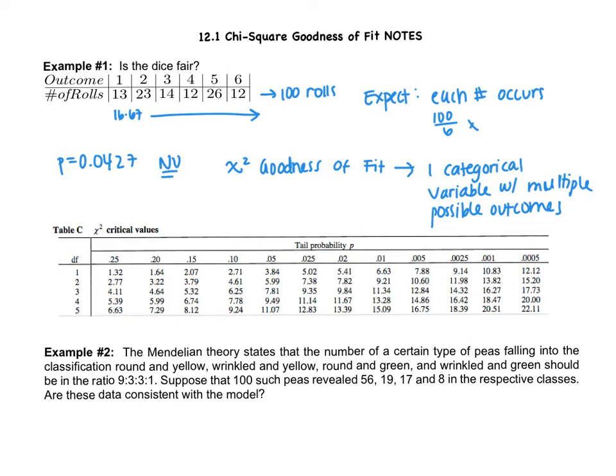So our categorical variable in this case was the outcome when you roll a dice, and there were 6 different outcomes. If there were only 2, we could do a test for proportion. So let's say that we were flipping a coin 100 times. We could compare the proportion of heads to the proportion of tails. Or we could compare the proportion of heads to 0.5, which is what we would expect for a fair coin. You can't do that in this case, though, because you have too many categories to compare.